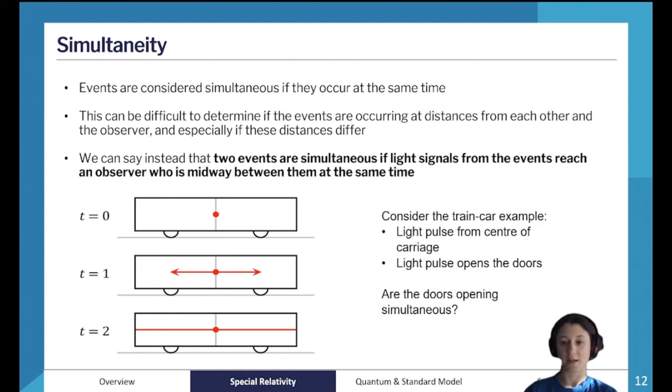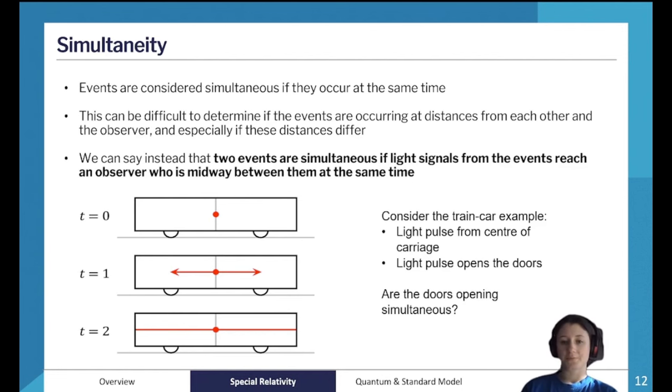When it hits the end of the carriage, then the doors at either end of the carriage open. And the question is, are the doors opening simultaneous? They are, alright, because measured from the center of the carriage, the light signals from the event occur at the same time.